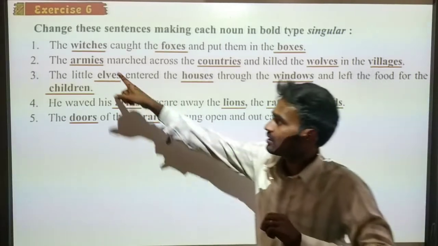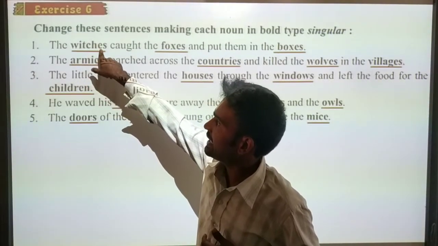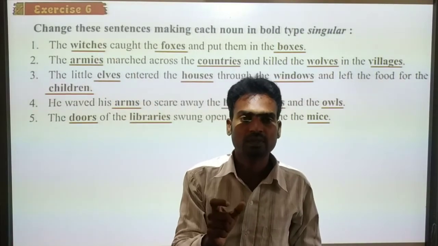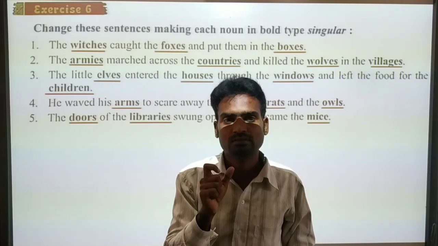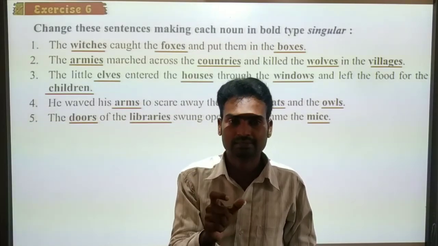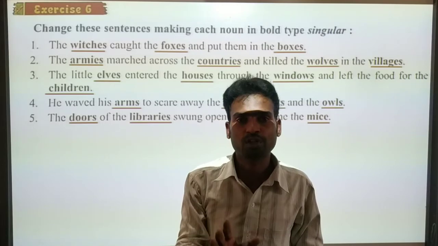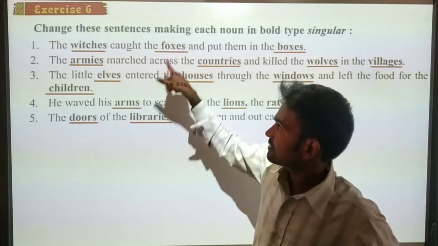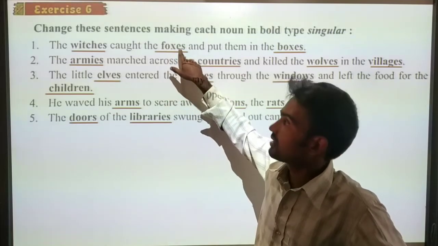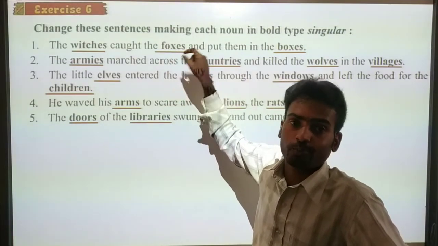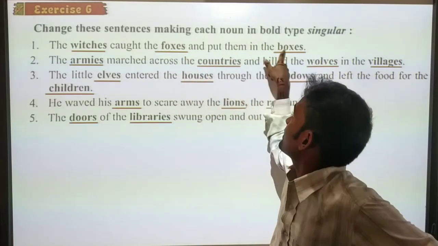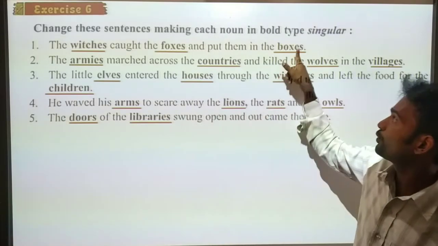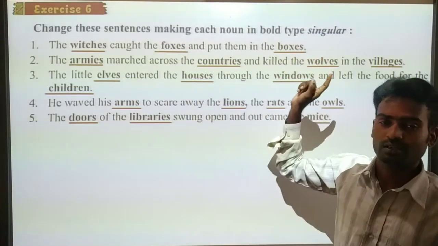Here we see the noun is ending with s or es. When a noun ends with es, it is called a plural noun. Here we have foxes. Again, this noun ends with es, so it is called plural. Or here, boxes. Again, this noun ends with es, so it is called plural.